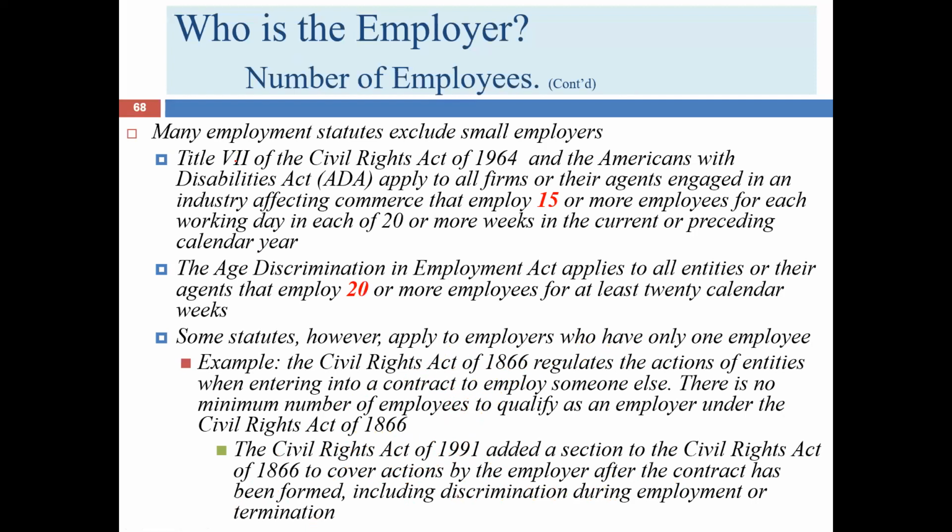Covering many of the same characteristics, but instead of needing to have 15 employees, only one employee was all you needed. And so as a result, this has really changed the landscape for discrimination cases.